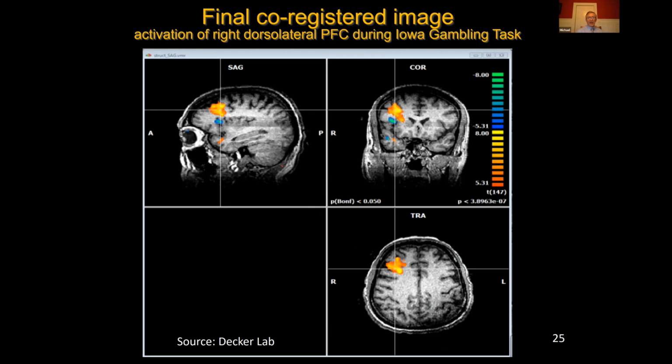And this is the final image of that person doing the gambling task. And the crosshairs are pointed toward an area of the prefrontal cortex that becomes activated during the task. The blue areas right below that are areas of the same region that become less activated. So that's really the theory behind fMRI.